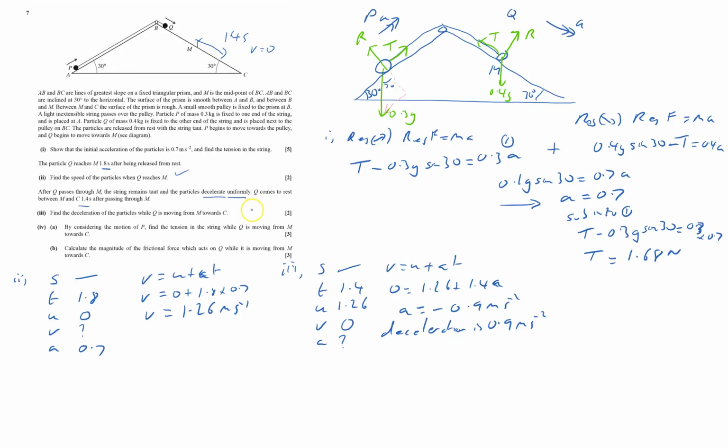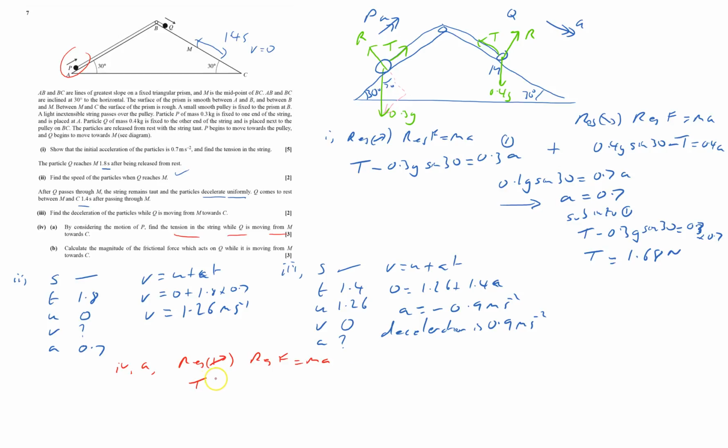So I've done that bit, and for the next part I'm going to do it in different colours so I can try and get it all to fit on here. Find deceleration, done that bit. By considering the motion of P, find the tension in the string while Q is moving from M towards C. So I'm now going to just consider the P bit over here, and resolve up the slope like so, and I'm going to have resultant force equals mass times acceleration.